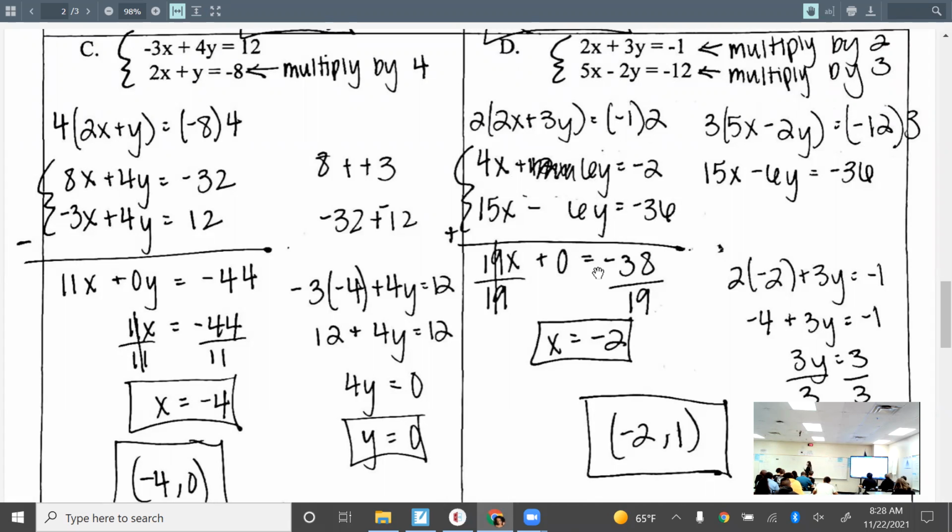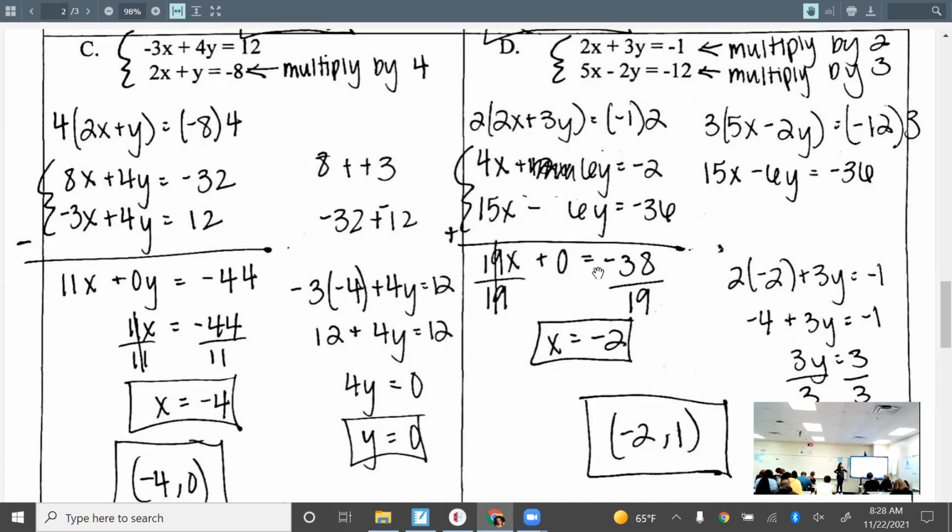So if you can do that, then do that. You can do that to eliminate the y's. If you multiply the bottom one by 4, you get 8x plus 4y equals -32. Pair that up with the top equation and solve by elimination.